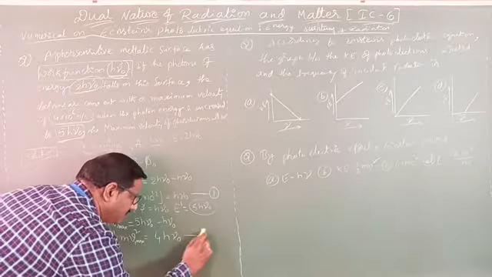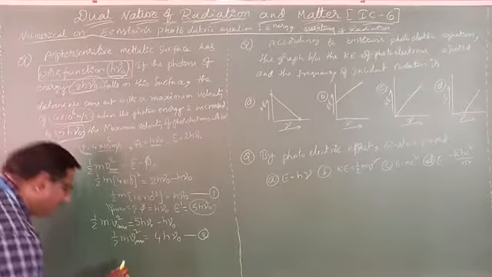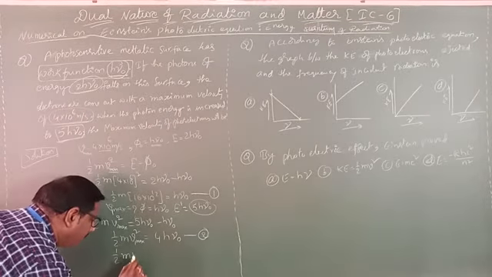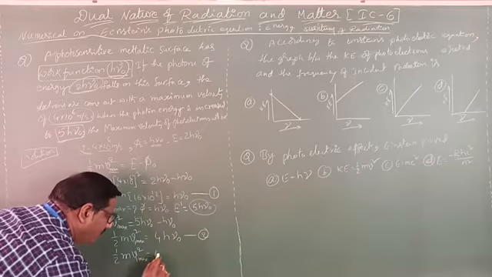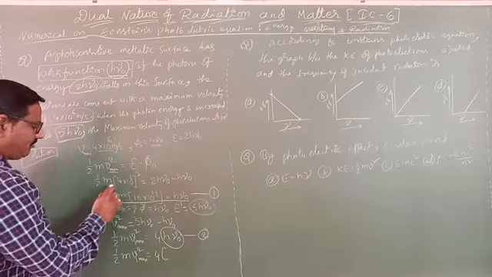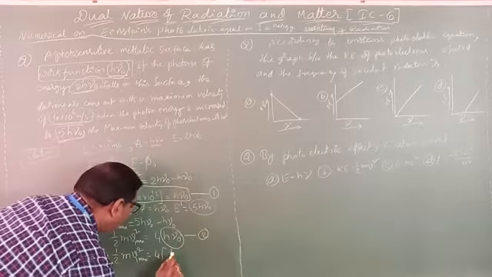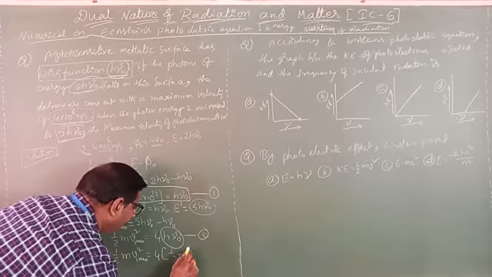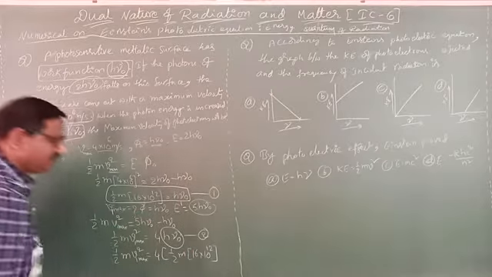This is equation number 2. Now substituting from equation 1, half m V1 maximum square equals 4 into h nu naught, where h nu naught is half m into 16 into 10 power 12.